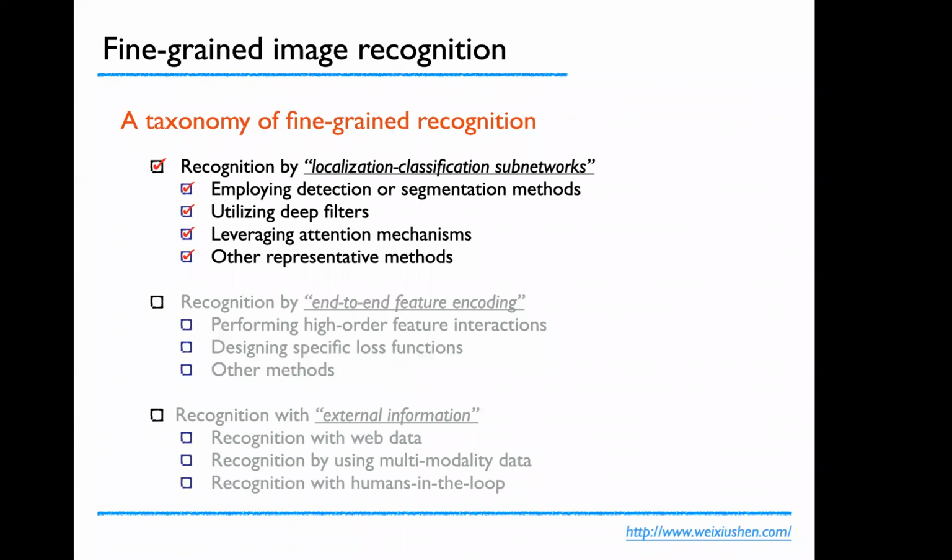Fine-grained image recognition has been by far the most active research area of fine-grained visual analysis in the past decade. Researchers have attempted to deal with these challenges from diverse perspectives and gradually formed the following three paradigms. In my talk, I will elaborate the first one.